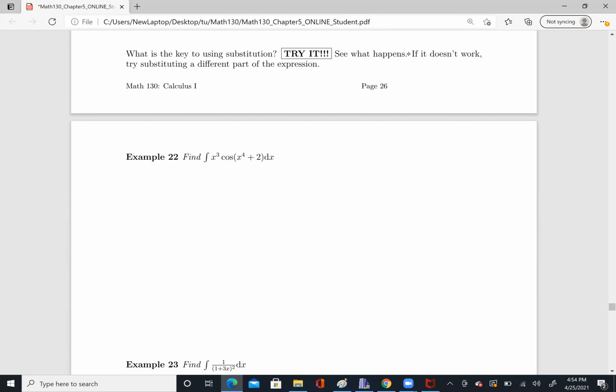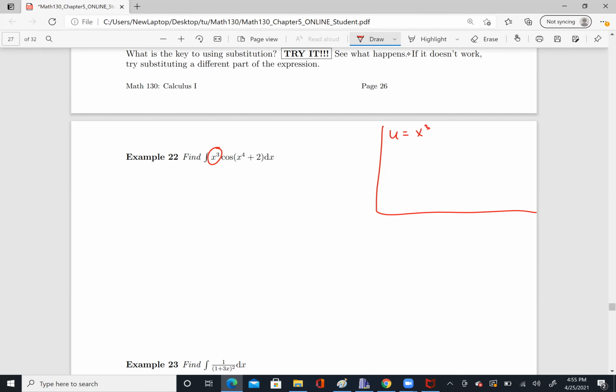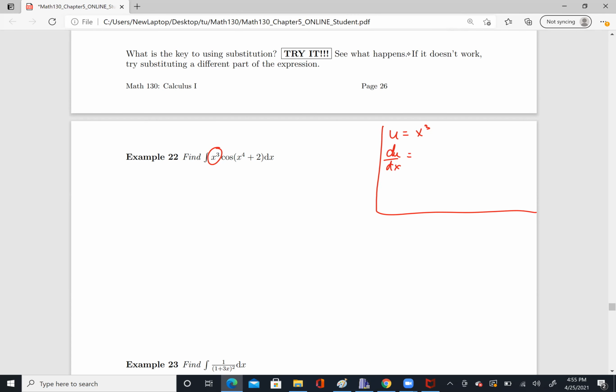However, which part should you substitute first? You might think about, okay, let's do x cubed to become u, right? So let's say I let u equal x cubed, right? And then I have du dx will be equal to 3x squared, right?